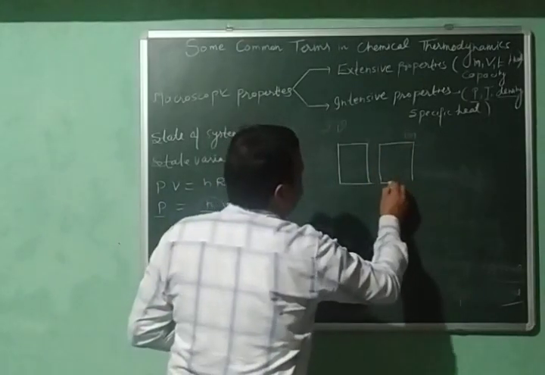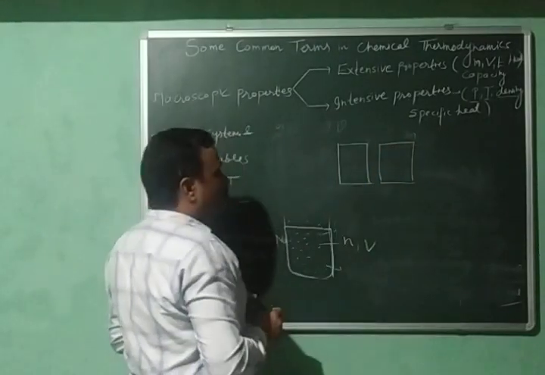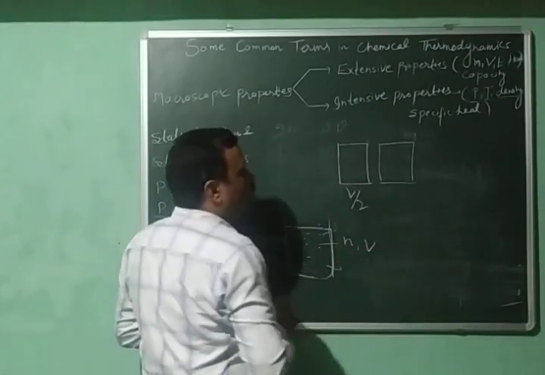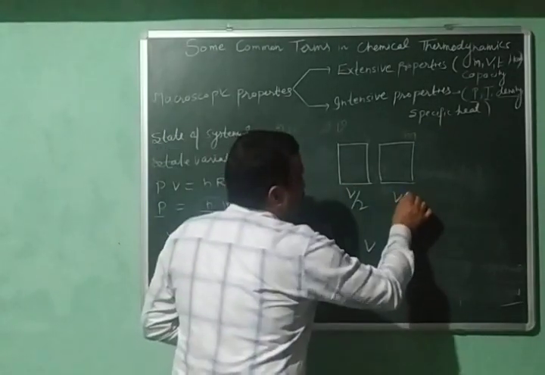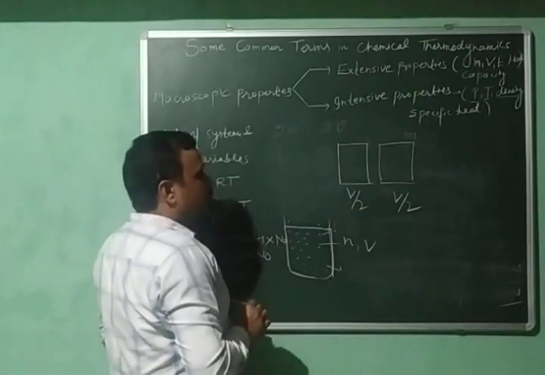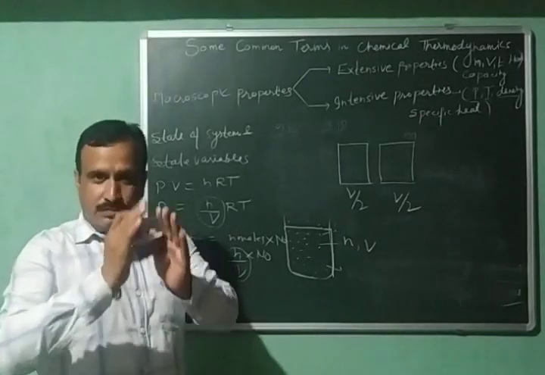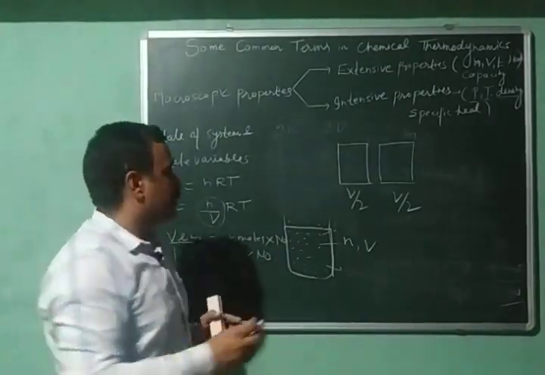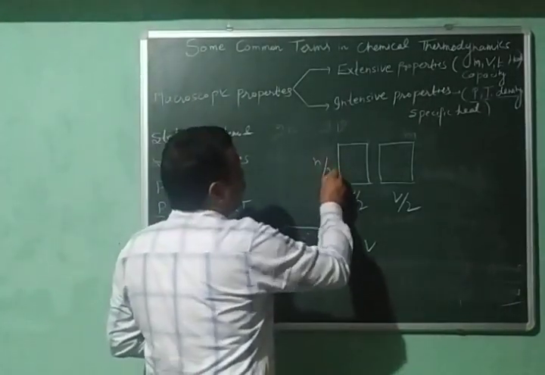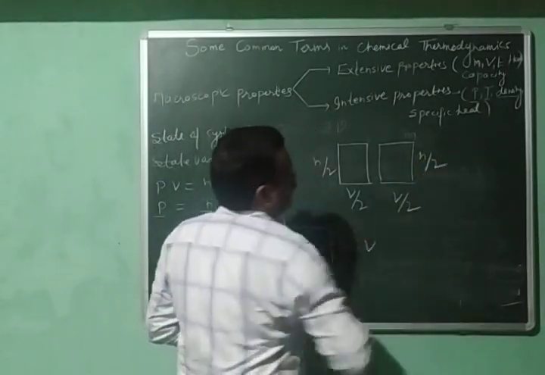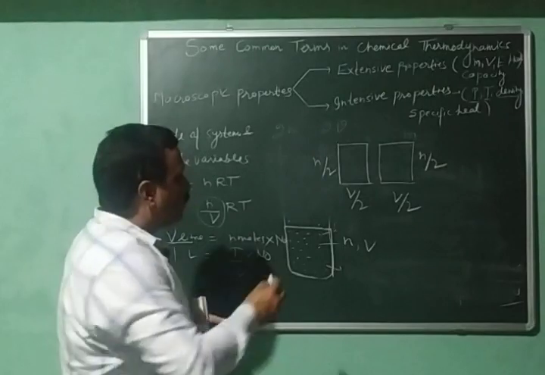Now the volume of each container will be V by 2, and the number of moles will also be divided equally between these 2 containers. So here I will have n by 2 moles, and here again n by 2 moles.